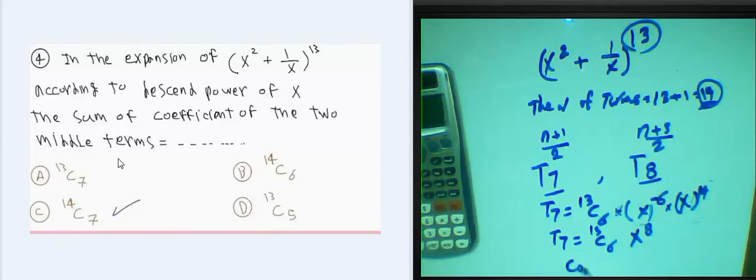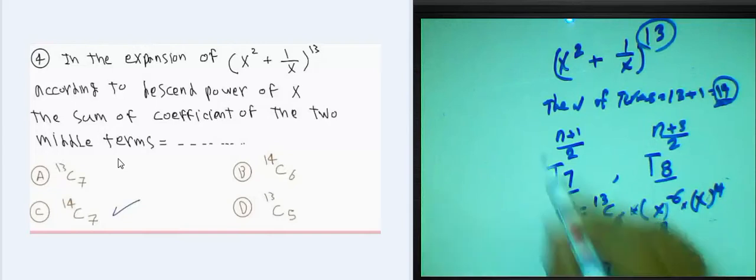Then the coefficient will be, we can write the coefficient of term 7, putting x equal to 1, then the coefficient will be 13 combination 6. It's the coefficient of term 7. And then you can write term 8.